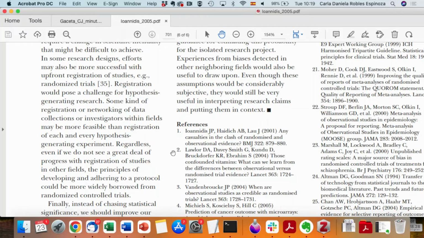Okay. Summarizing, what they say is that instead of only chasing statistical significance, we should also look for our R values before starting our research, to try to understand what we expect as a result of what we are doing, if we expect it to be positive or negative.